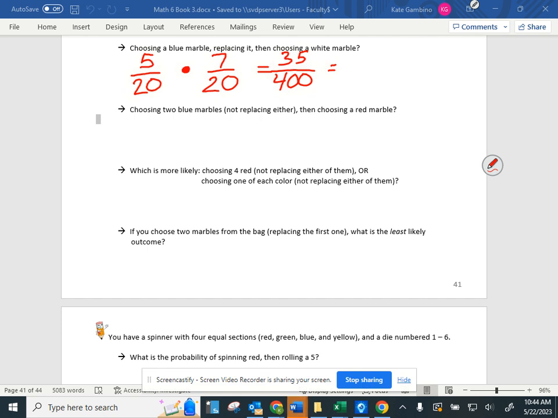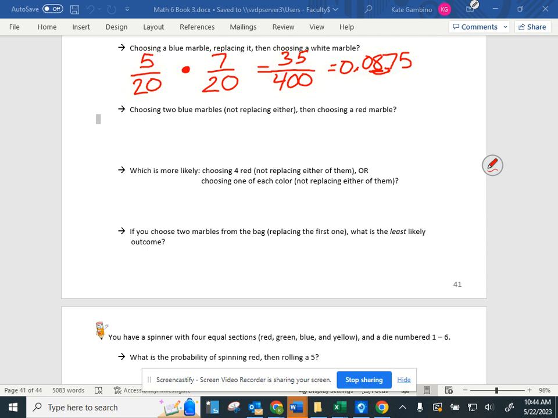So what do I get for my decimal, Jillian? What was the whole decimal that you got when you did 35 divided by 400? So if you get 0.0875, we want to round to the hundredths, so we're gonna look at that thousandths.